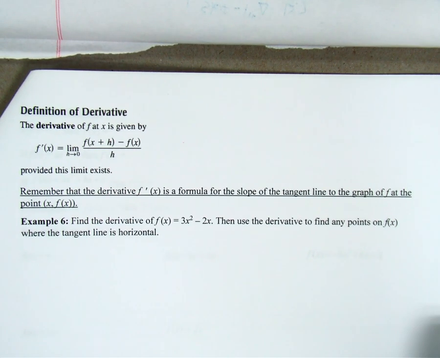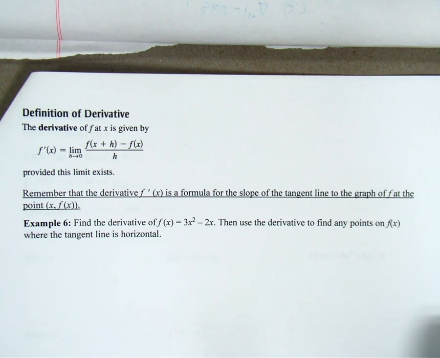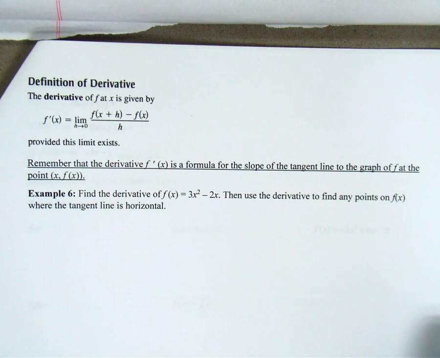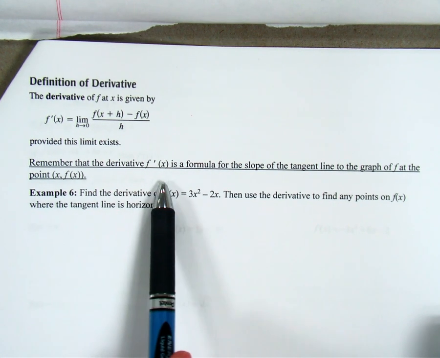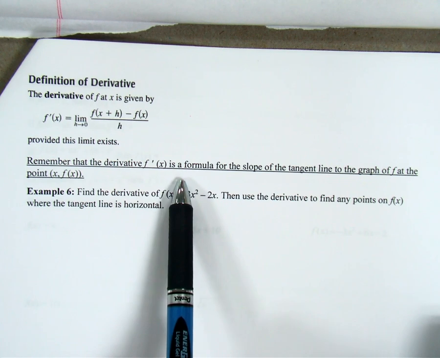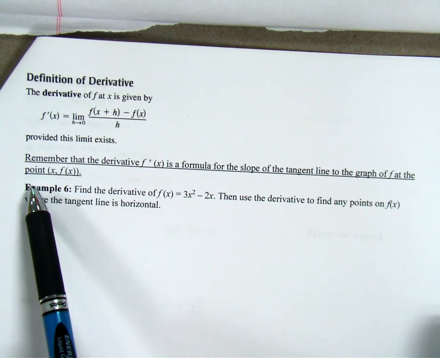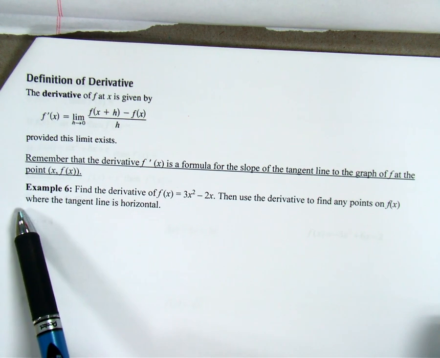The derivative of f at x is given by the limit process with the difference quotients that we've been doing. Remember that the derivative f prime of x is a formula for the slope of the tangent line to the graph of f at any point (x, f of x).